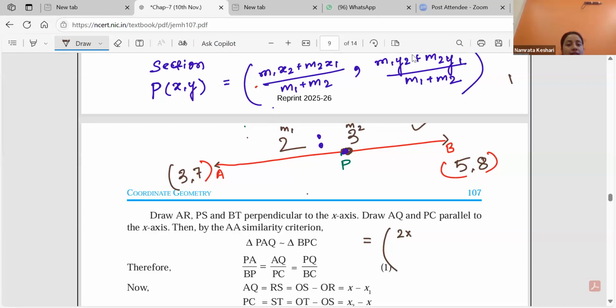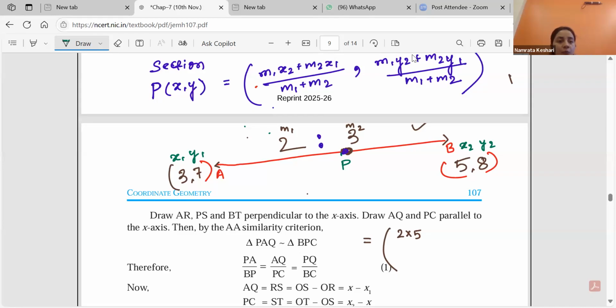But I am not saying that you can take x1, y1 as x2, y2 and x2, y2 as x1, y1 and your answer will not change. Your answer will change. So strictly you have to see in the question what is given. A, B.